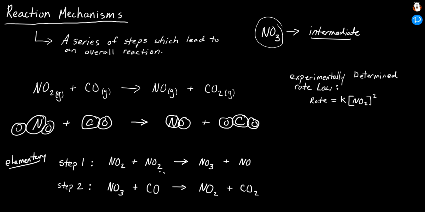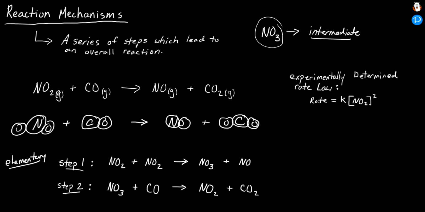This is what we think could be happening in this reaction: instead of NO2 colliding with a CO, in the first step two NO2 molecules combine to make NO3 and NO. And then in a second step, that NO3 is what actually combines with the CO to make NO2 again and CO2.